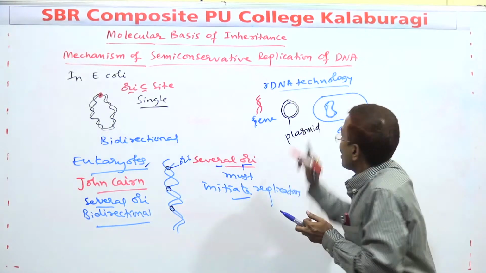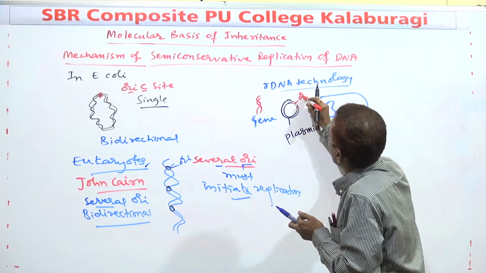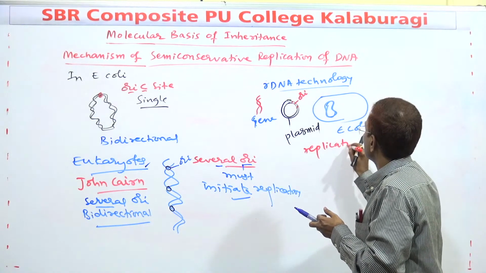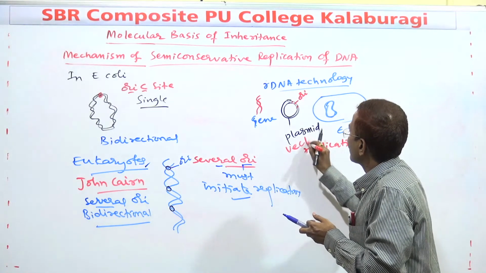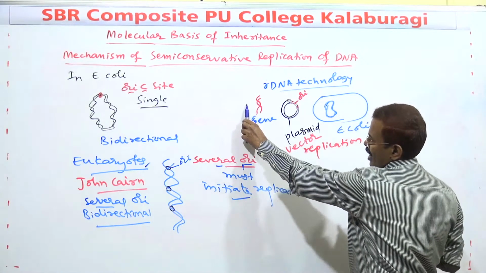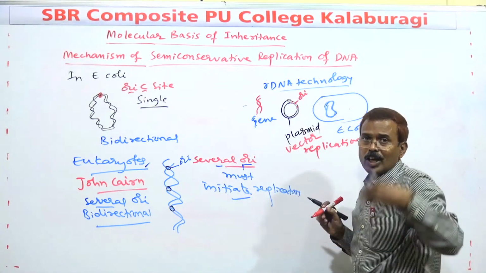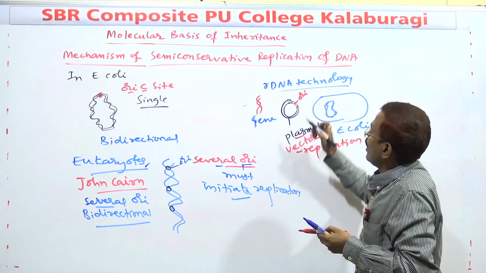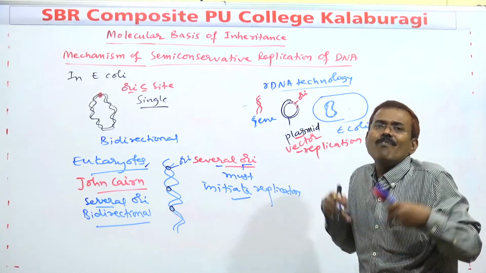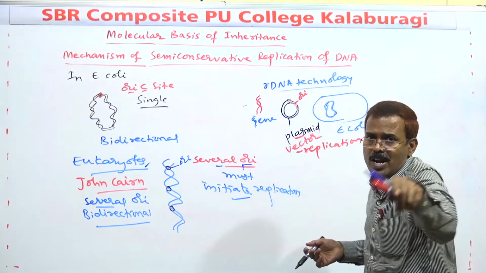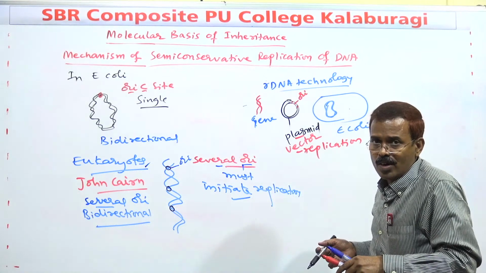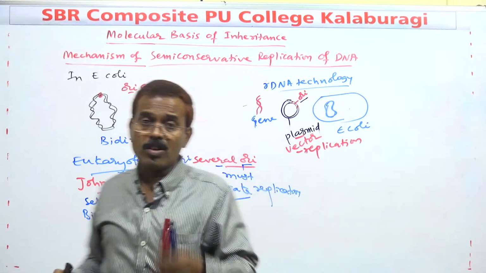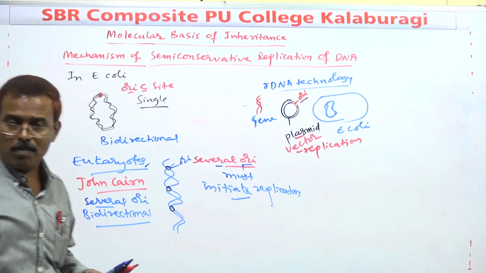This plasmid has a site, the ori site, which can initiate replication. So the vector used is a plasmid, and this plasmid has a self-replicating property independent of the chromosomal DNA. Because of this ori zone, the role of ori is very important. Remember that.